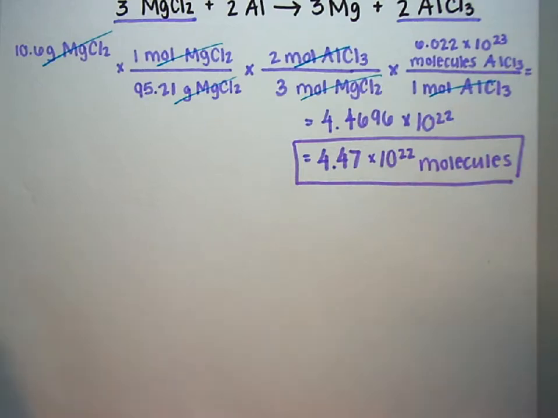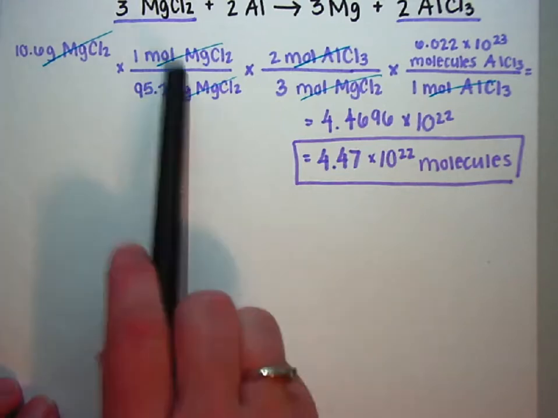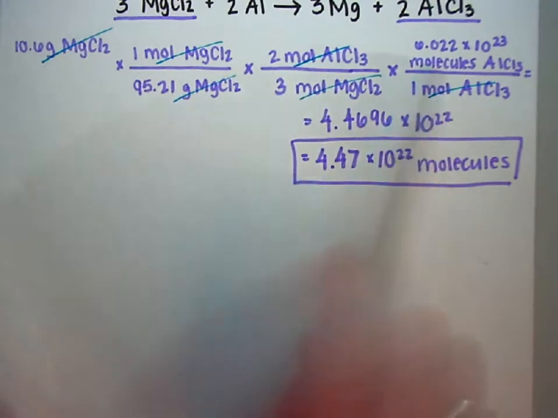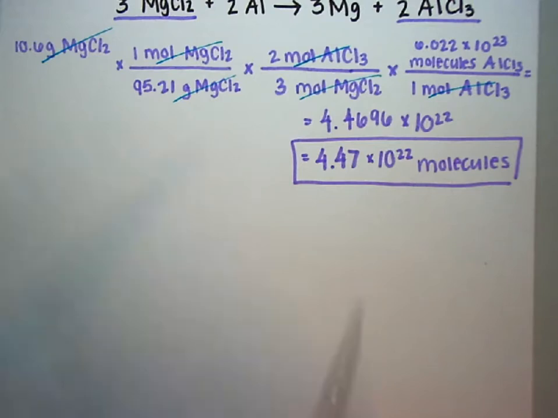So let's do one more, and we're going to go the opposite way. So this one, we went grams to moles to moles to molecules. This time, let's start with molecules.